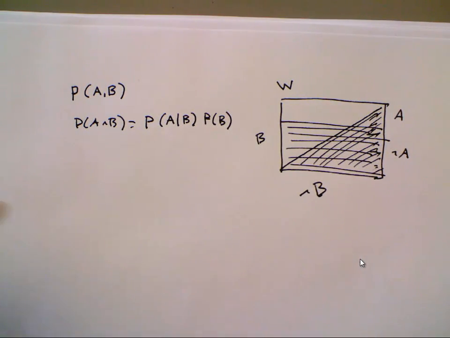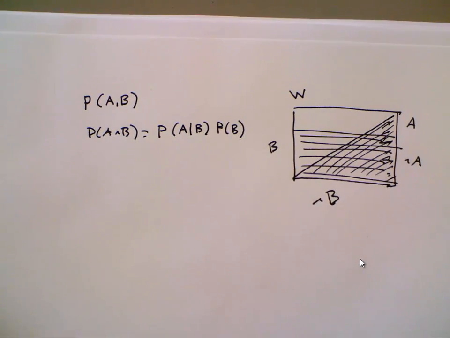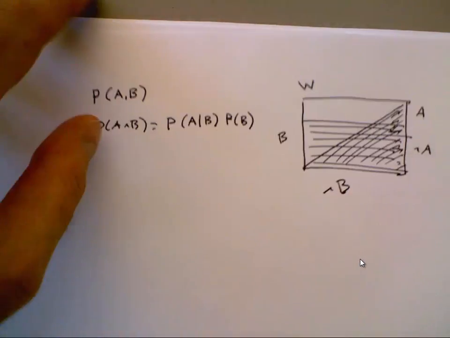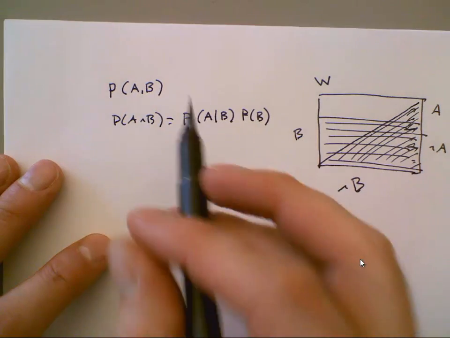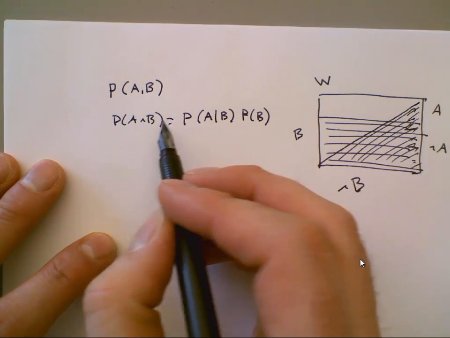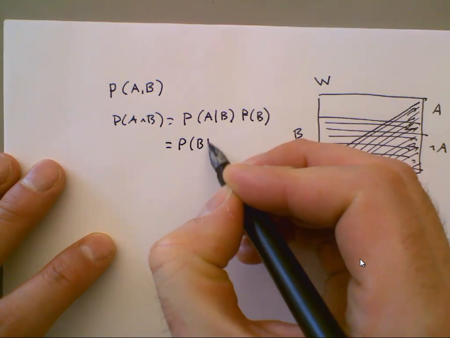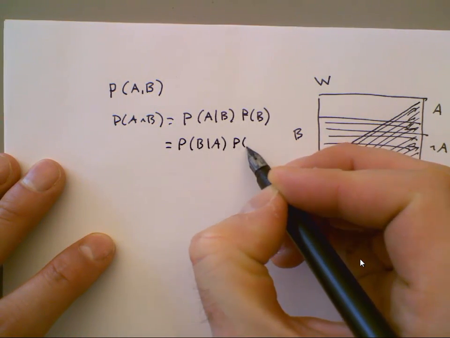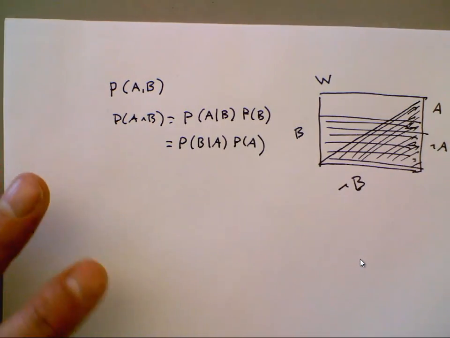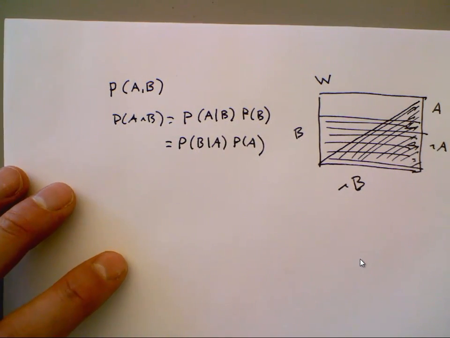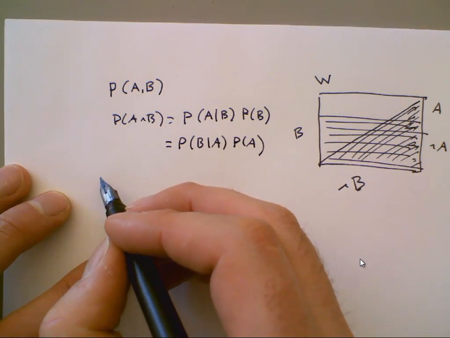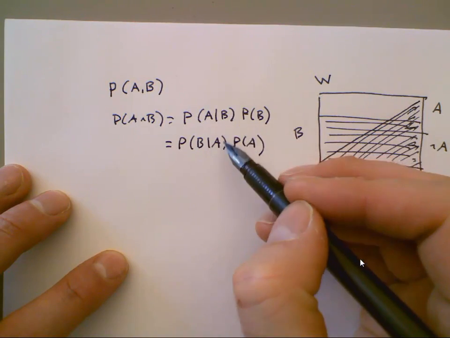Anyway, it's not too hard to remember conditional probability. That's what you really have to remember. And if you know that, you can derive Bayes' law, because it's equally valid to say that this is equal to the probability of B given A times the probability of A. So that tells us that these two things are equal.